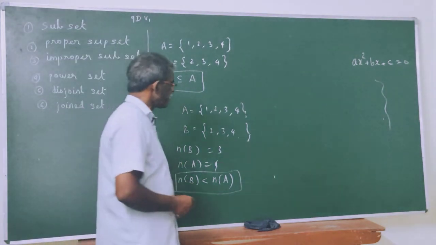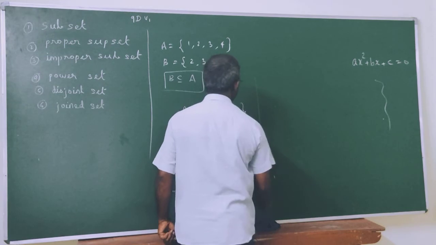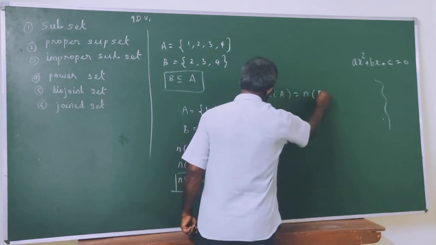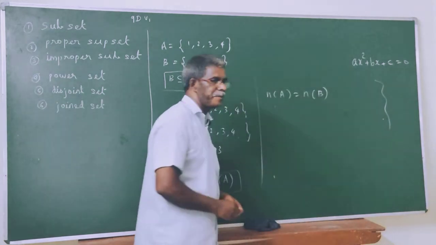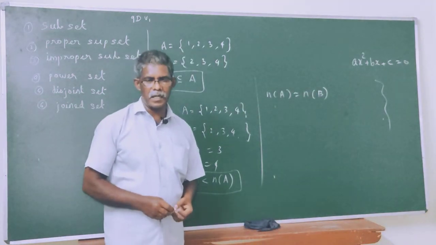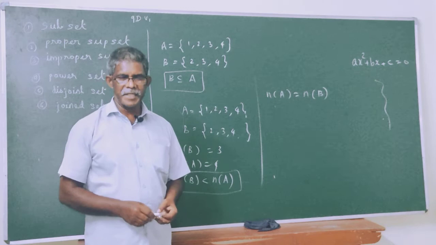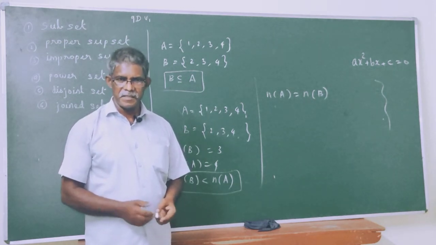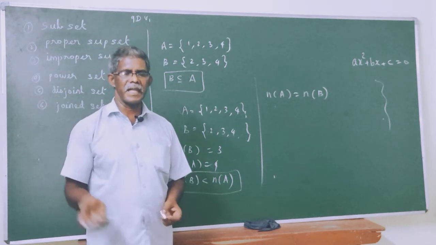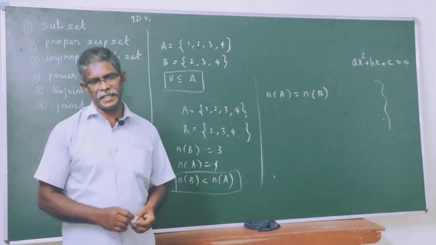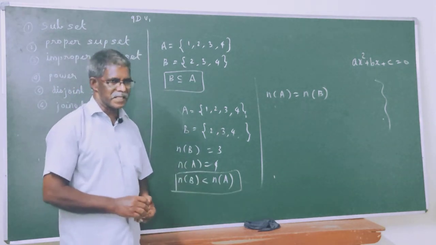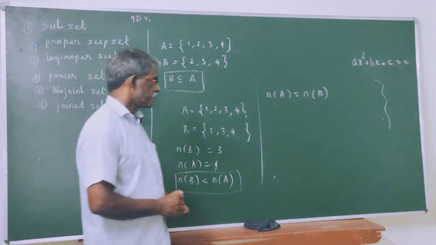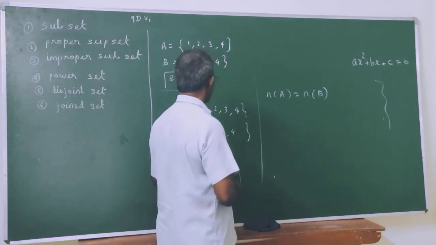If it is an improper subset, then n(A) is equal to n(B). The number of elements of A and B are equal, and the elements of A are contained in B, similarly the elements of B are contained in A. Such sets are called improper subsets. Here I can give one example.